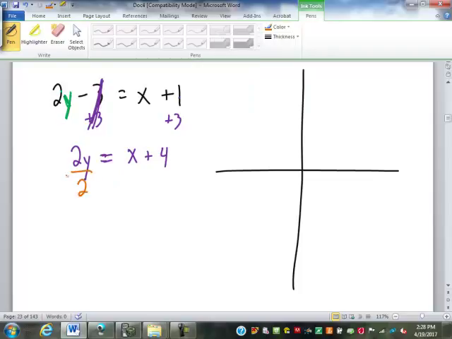When we multiply or divide, we have to do it to every term in the equation. So on the left side, 2y divided by 2 cancels out the 2, just giving us y. On the right side, we have to divide both the x and the 4 by 2.